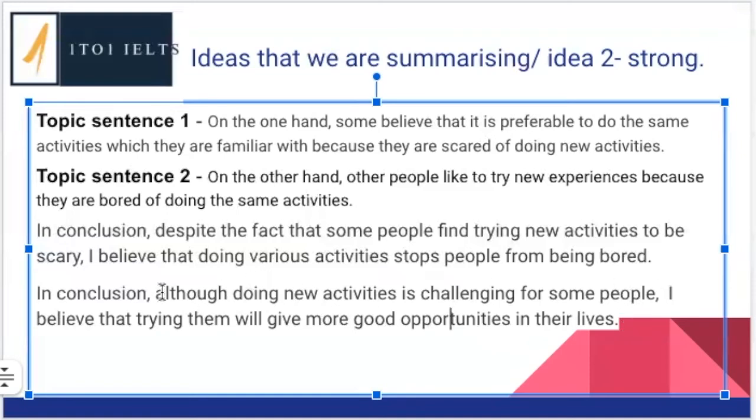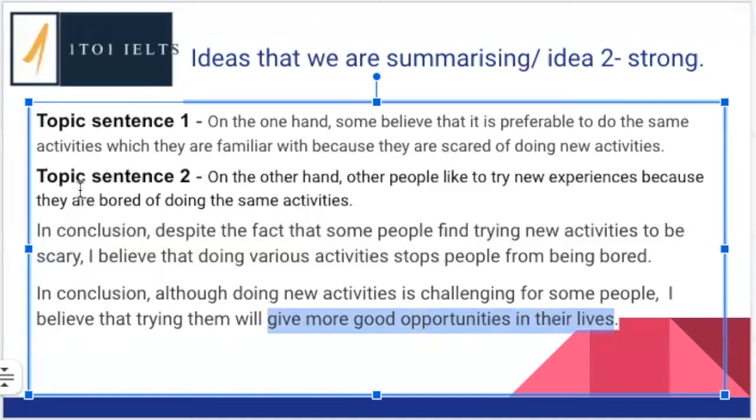Okay, so we definitely got clear ideas, nice sentence structure. Our opinion is clear. What is the problem with this? It's not so much language. Yeah, this part here especially, give them good opportunities. So which one was it?